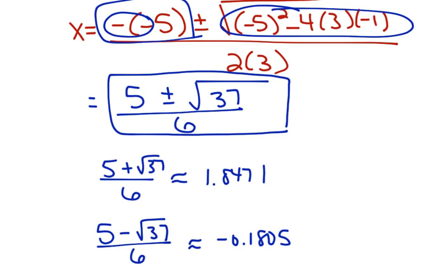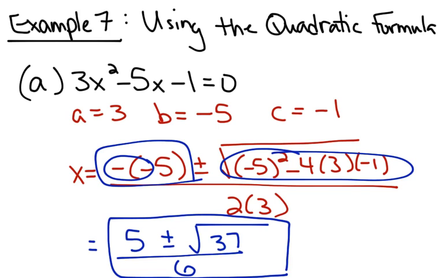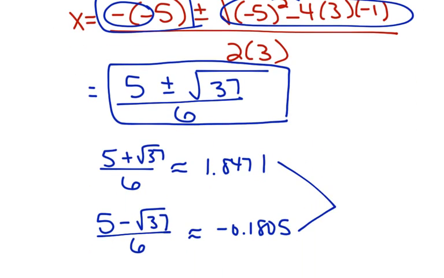You could actually find these decimal equivalent answers on the graphing calculator by putting the original equation into y1 equals, graph it, and when you graph it, you'll notice that one of the x-intercepts is between 1 and 2, and the other x-intercept is between 0 and negative 1.